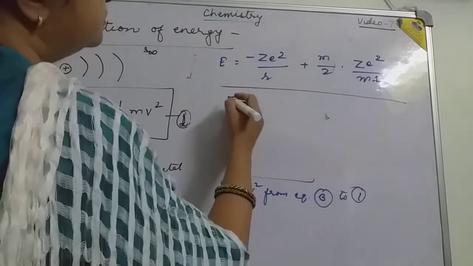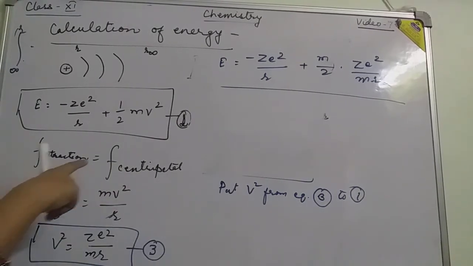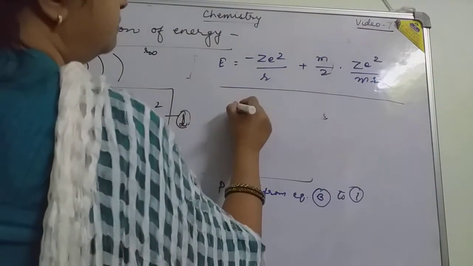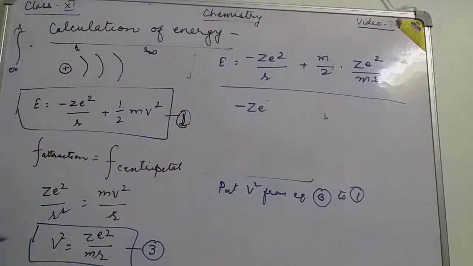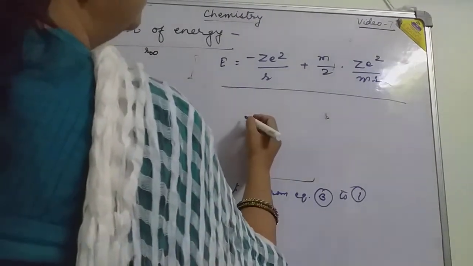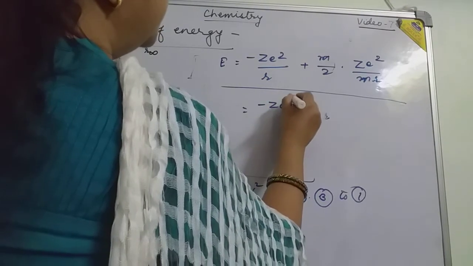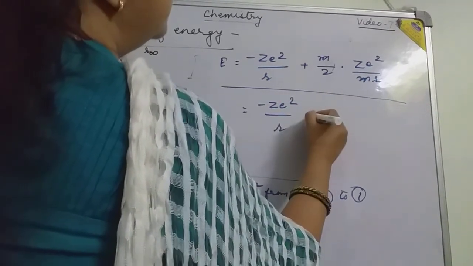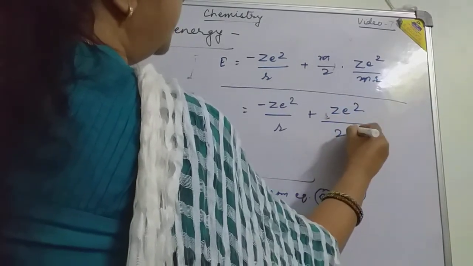Now we know from this equation that both energies are equal, so we can calculate it like this: minus Ze square by r plus Ze square by 2r.